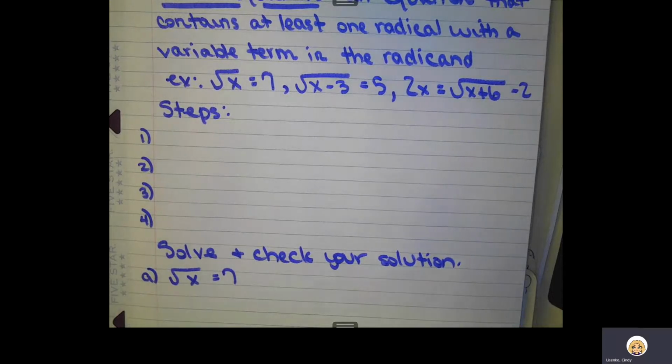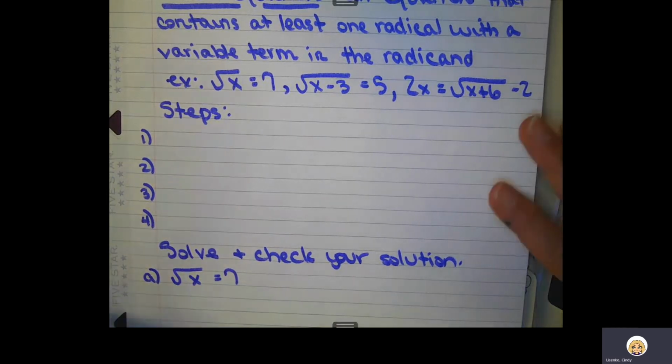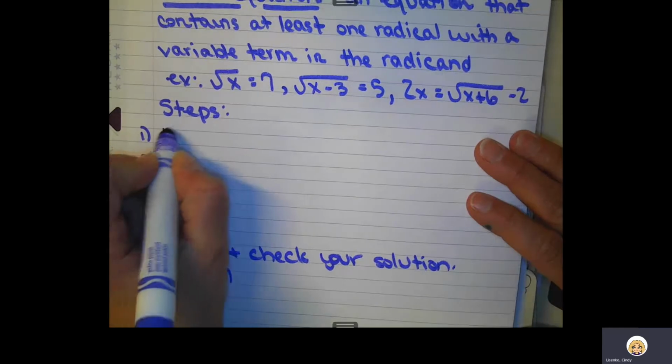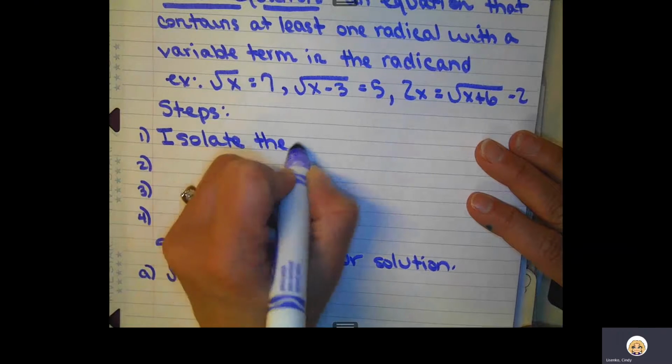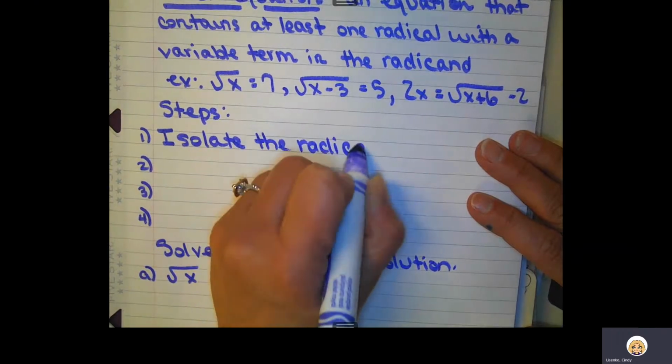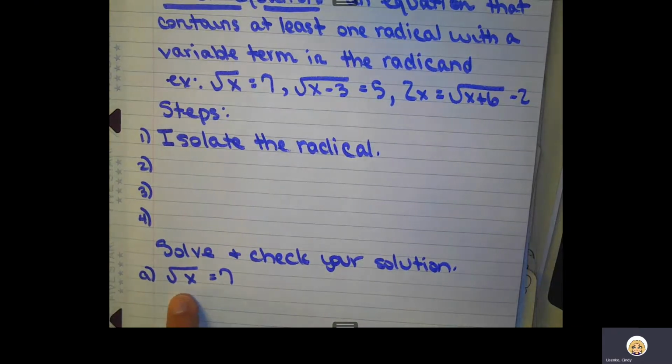So here are our steps to solve a radical equation. It's going to be very similar to when we were solving when we had a square. So step 1, can you write isolate the radical? What that means is you want to make sure that the radical is the only thing on one side. If you look at this first example, there's nothing else next to this radical sign, so we're done with step 1.